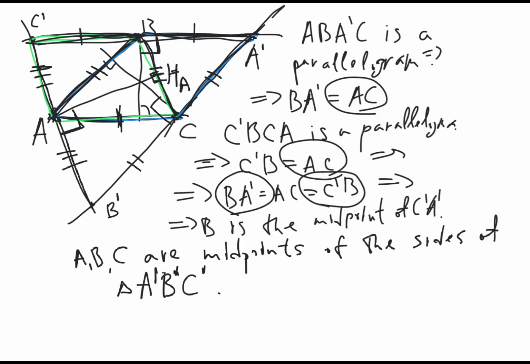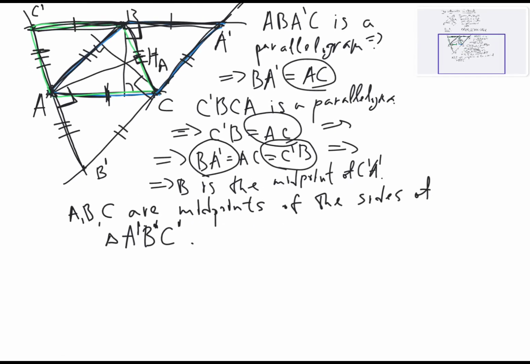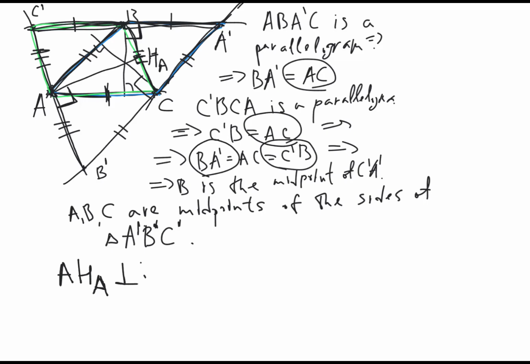So AHA perpendicular to BC implies that AHA is perpendicular to B prime C prime, because BC and B prime C prime are parallel to each other, and similarly for the other altitudes.